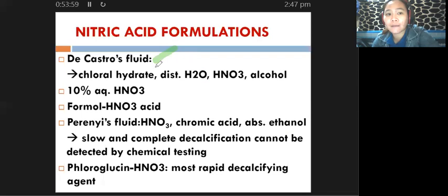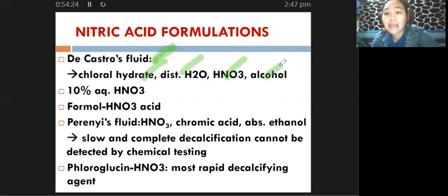So I repeat, for decalcification of your nerve fibers for silver impregnation, we make use of decastrous fluid. Decastrous fluid has the following components: chloral hydrate, distilled water, nitric acid, and lastly, alcohol.